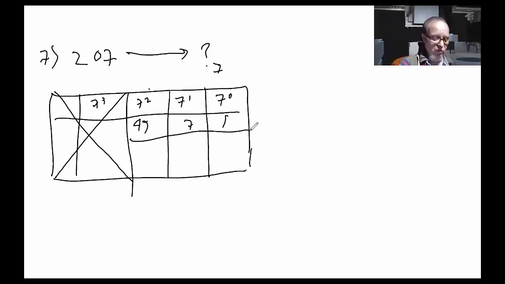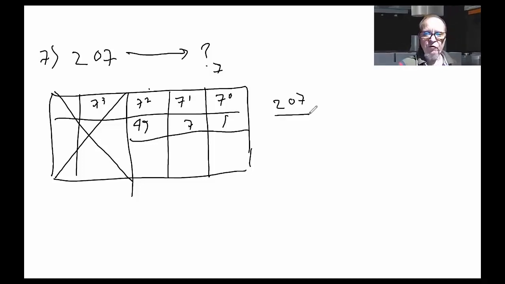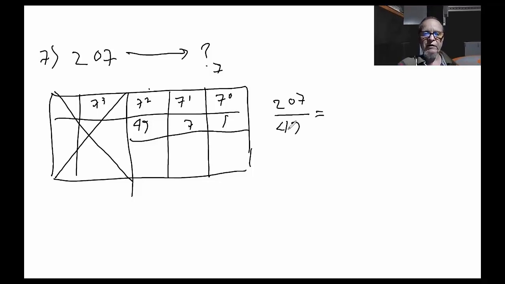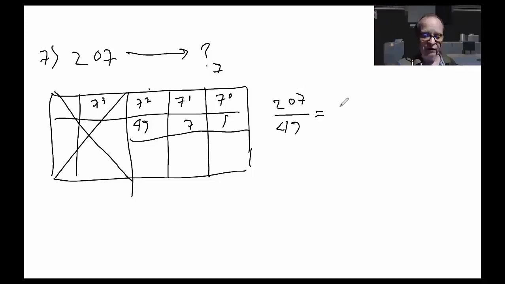So what we're going to do is look at 207 and divide that by 49. We're going to see how many times 49 goes into 207 as a whole number without going over it. So we find out that that is 4.